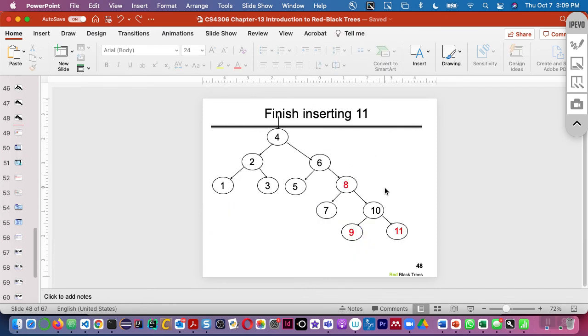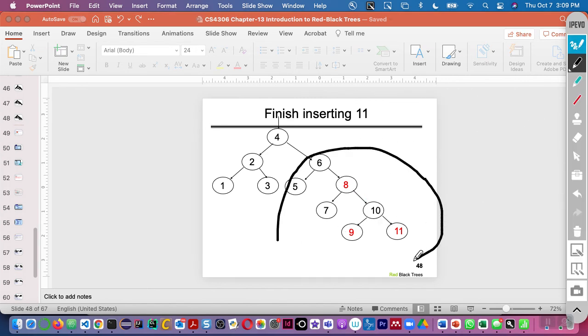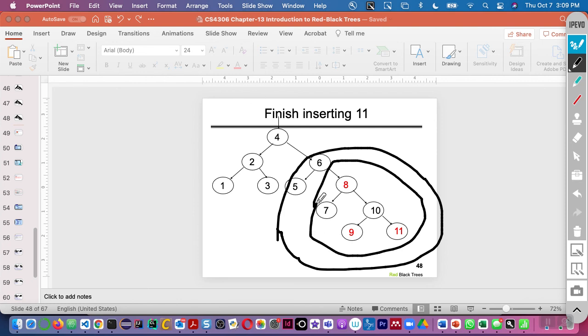For instance, if you take this branch, the right side, this is also a BST, but it's not required to be a red black tree. This one is a BST, the middle is not, and the top one also is a BST, but it's not required.